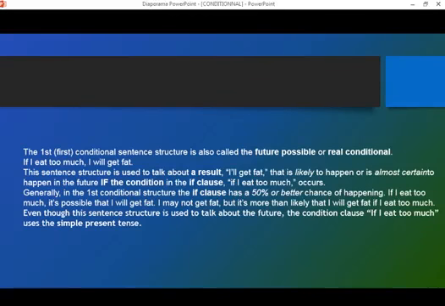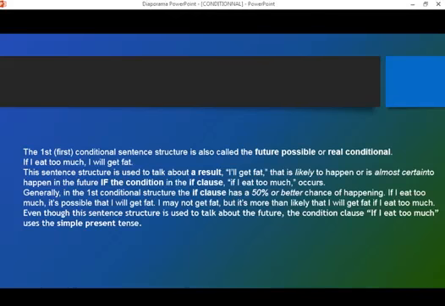Generally, in the first conditional structure, the if clause has a 50% or better chance of happening. That is to say, if I eat too much, it's possible that I will get fat.